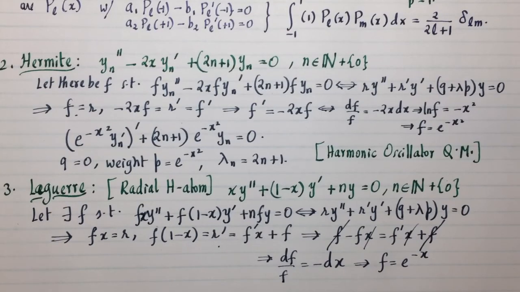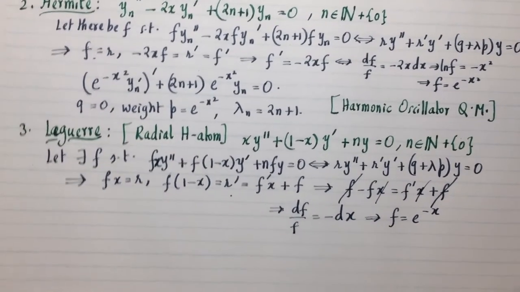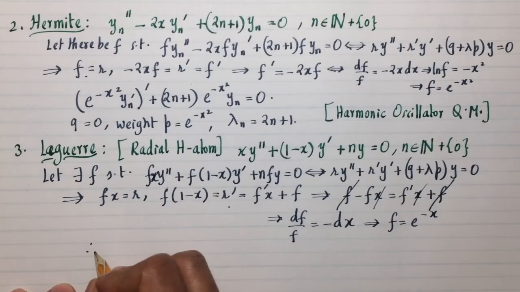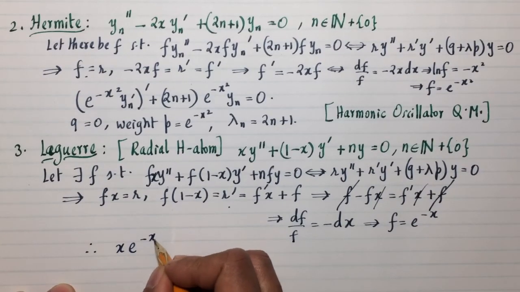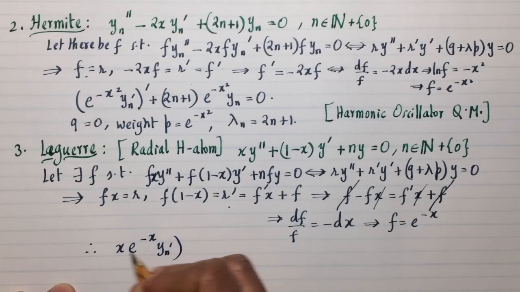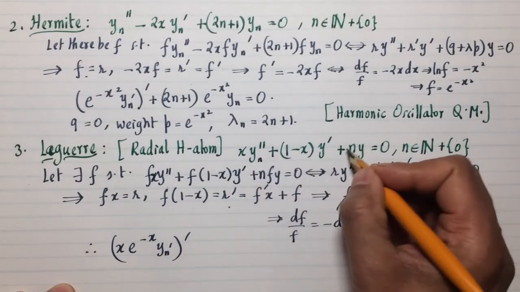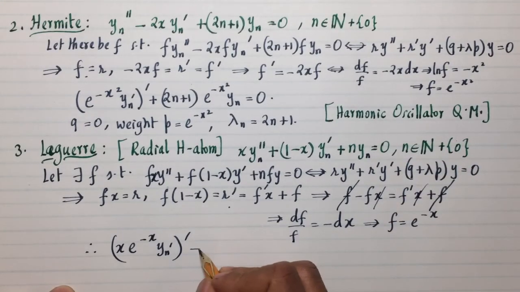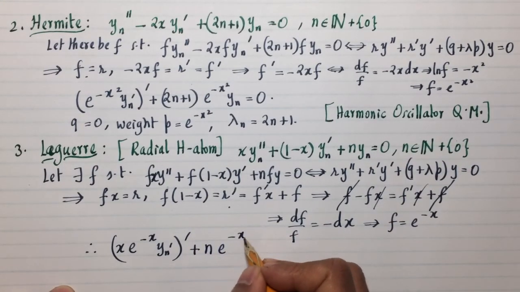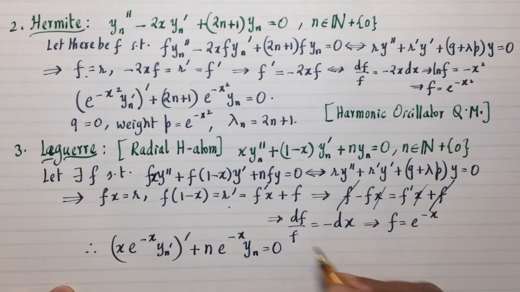So then I get the Sturm-Liouville form immediately. So the Sturm-Liouville Laguerre theorem is that (x e to the minus x yn prime) prime plus, now I'll put the eigenvalues corresponding to eigenvectors, n e to the minus x yn equal to 0.